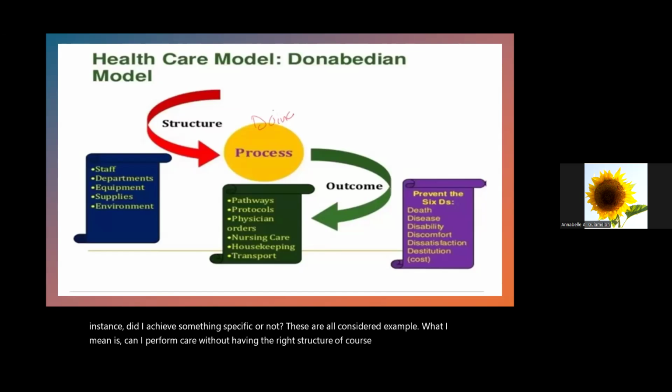I must have the structure to enable me to perform care, implement the processes, and achieve the desired outcome. Without structure, processes, and the right care, we won't achieve the final outcome. This forms the connection between the structure and process to achieve the outcome.